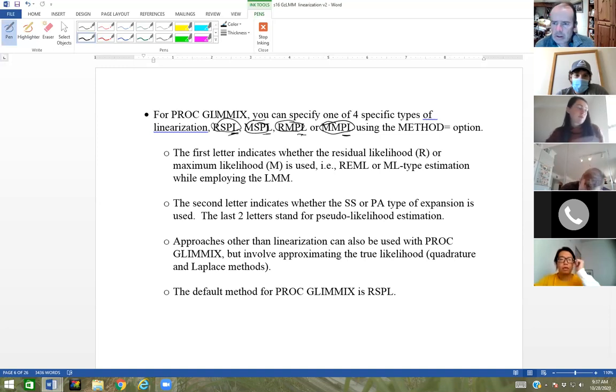Taylor series. And we're going to talk more, I think actually next week, about subject specific versus population average effects. So that may become more clear, but you can think of effects as being able to interpret effects on a subject basis or on a population average basis.